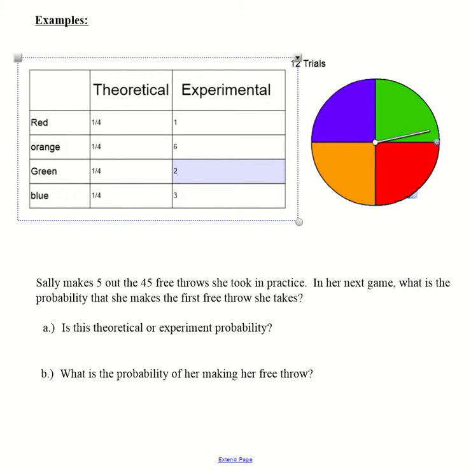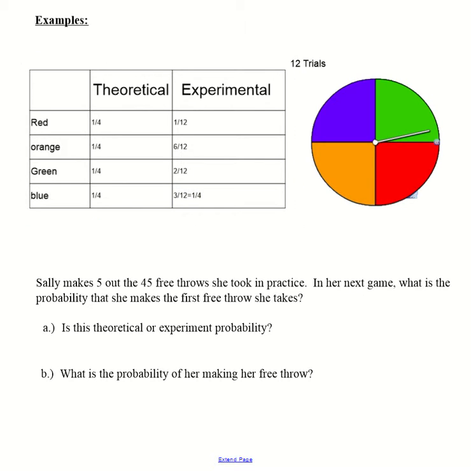Alright, so we did 12 spins, and so the experimental probability is going to be 1/12, 6/12, 2/12, and 3/12. And if we simplify these, we get 1/4. That one's the same as its theoretical. We get 1/6. It's different from its theoretical.